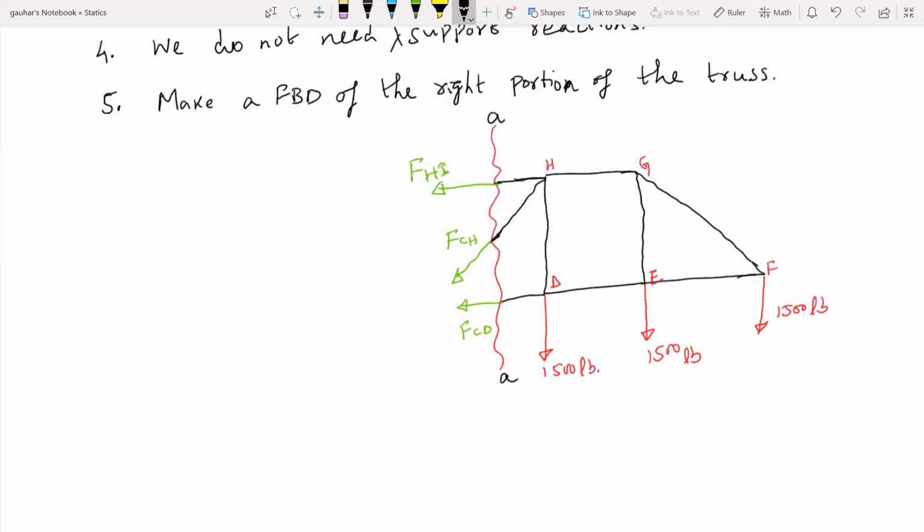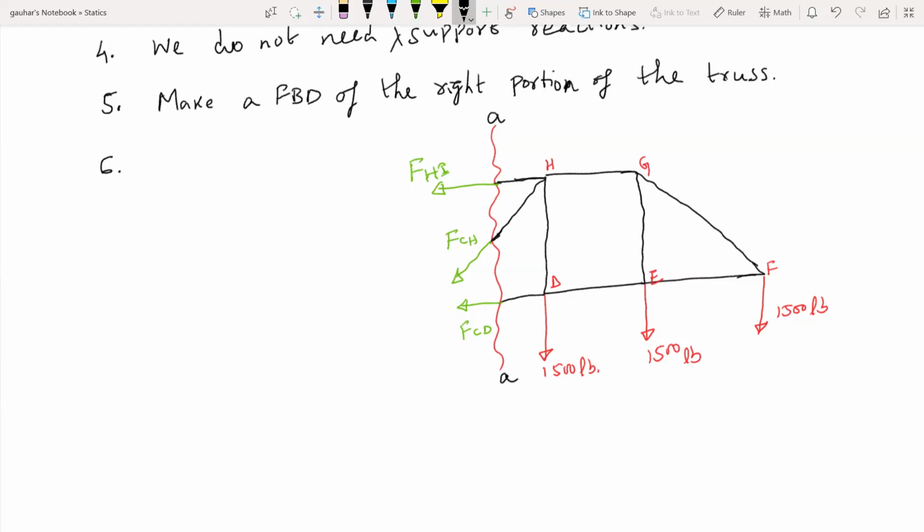So now we got a free body diagram. We got the forces. We do not need the support reactions. Okay, so now we can just apply the equations of equilibrium and find out these unknown member forces, right? We have three equations of equilibrium and we have three unknown member forces. So this is a determinate structure, right? Okay, so let's go to the next step.